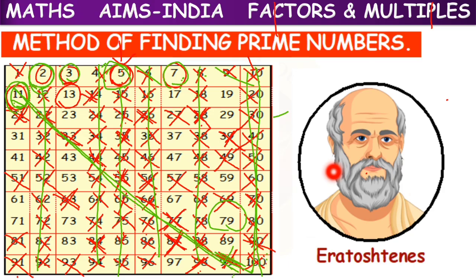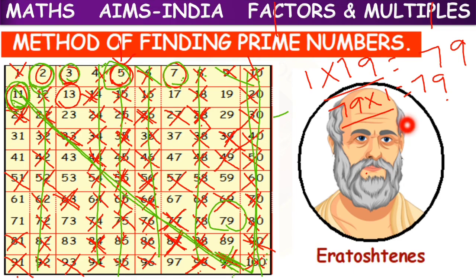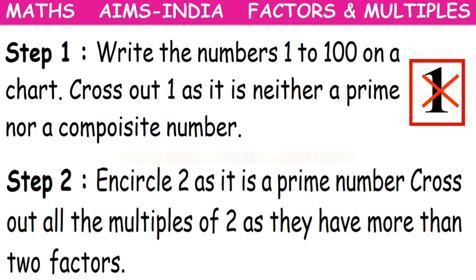Now you can either draw this table and find out, or you can try to take out the factors for it. 79 comes in only 2 tables. 1 times 79 is 79 and 79 times 1 is 79. So 79 has only two factors, that is 1 and 79. Now what does that make 79? It will be a prime number.